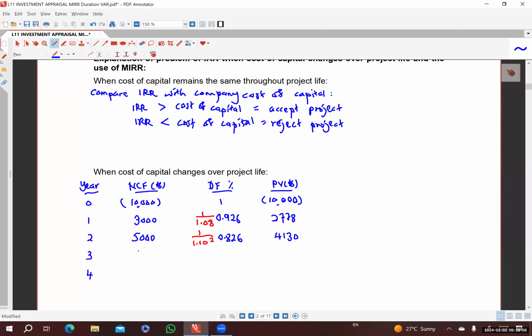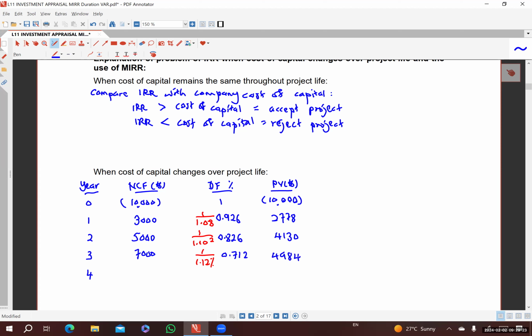Let's say in the third year the cash flow is 7,000 and the discount rate is 12%. That gives 0.712. 7,000 multiplied by 0.712.